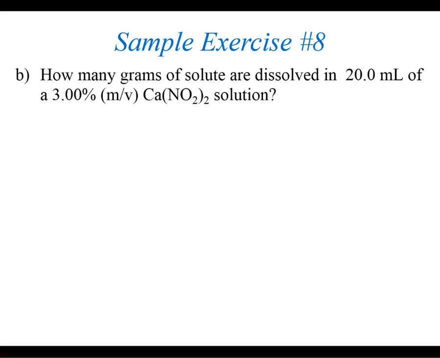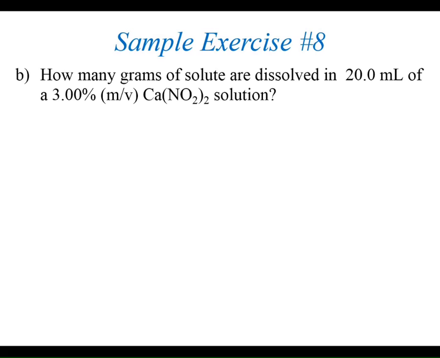Okay, let's try one more. We've got enough time to do one more here. How many grams of solute would I have to dissolve in 20.0 milliliters of a 3.00% M/V calcium nitrite solution? So I have 20.0 milliliters of solution.